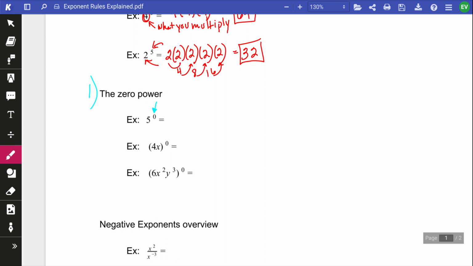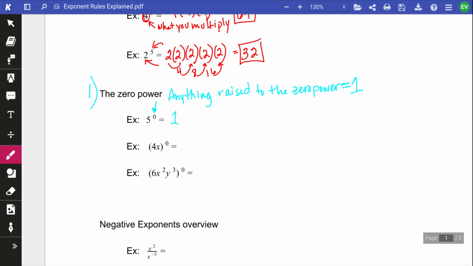So the rule is anything raised to the 0 power equals 1. So anytime you have something raised to the 0 power, it equals 1. Therefore, 5 raised to the 0 power is 1.